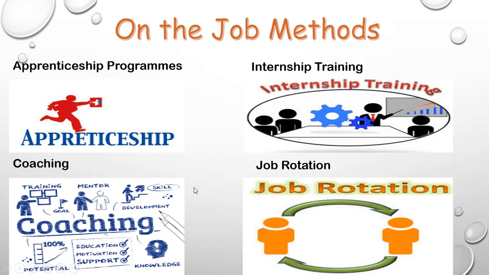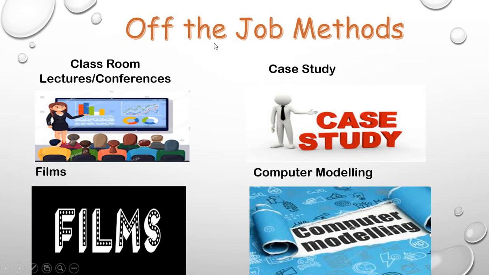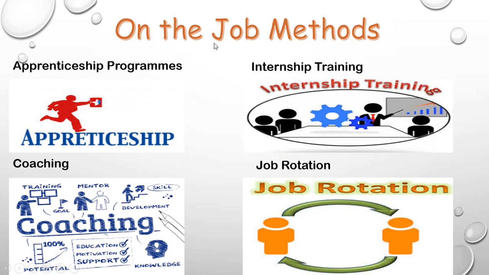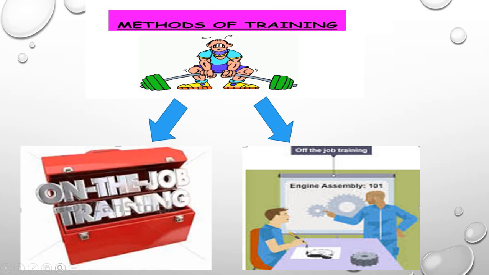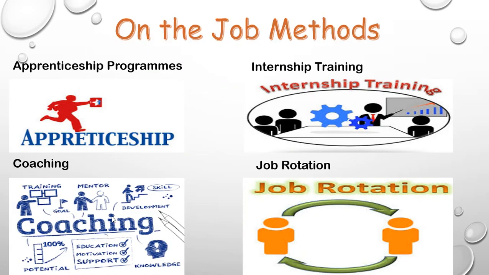Now, in this discussion, I'll be covering topics like on-the-job methods and off-the-job methods. Now moving to the first slide, that is on-the-job methods. As I have already explained what the meaning of on-the-job methods is, continuing with that, I'll explain in short what the on-the-job training method was. On-the-job training is learning while working.